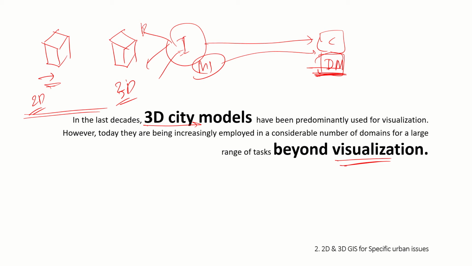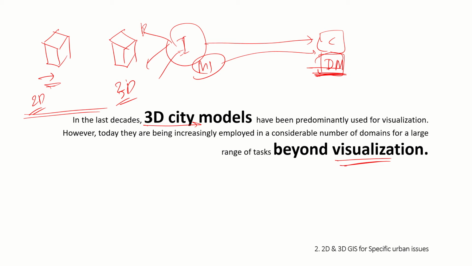only for visualization, and navigation, which is there in Google Maps as well, right? Apart from that, how we can use 3D for scientific decision making is of my interest, and there are many studies being done in this area as well.